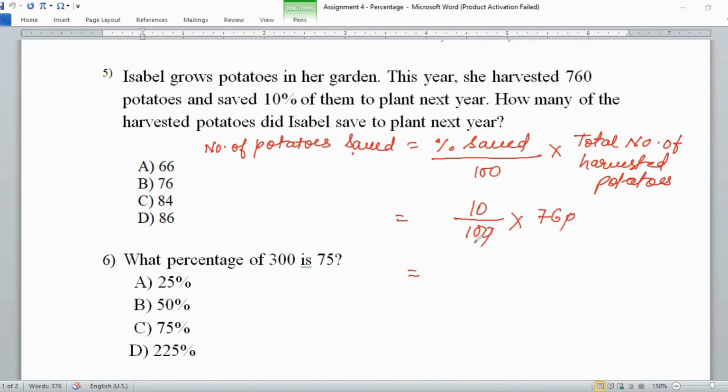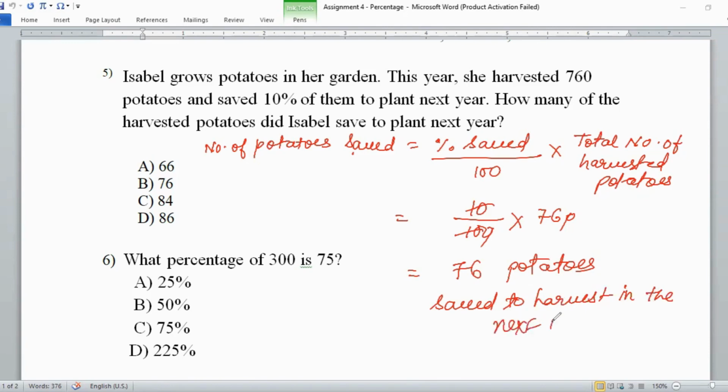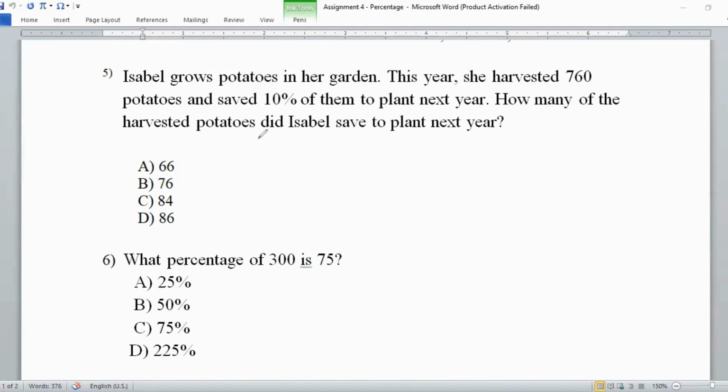On solving, you will get 76 potatoes which are saved to plant in the next year. Please note down this question and the solution to it and cross check whether you have attempted it correctly or not. Now let us move to the next question. Option B is correct for this question. Option B, 76.